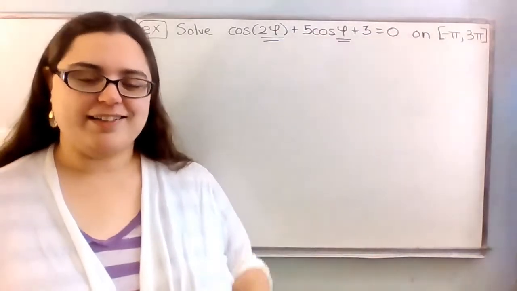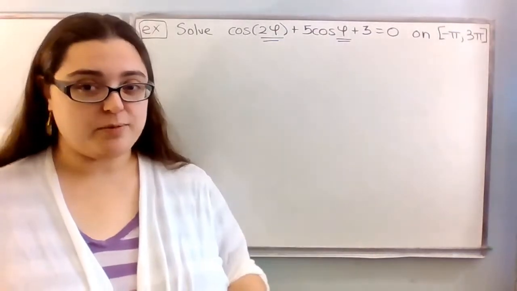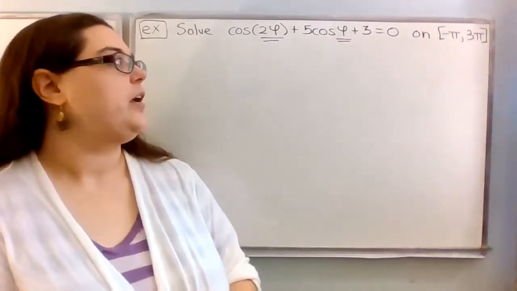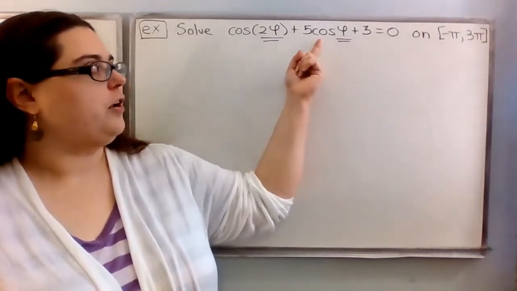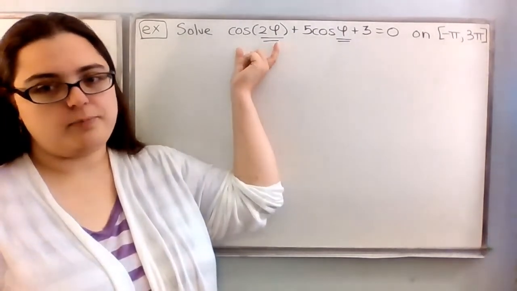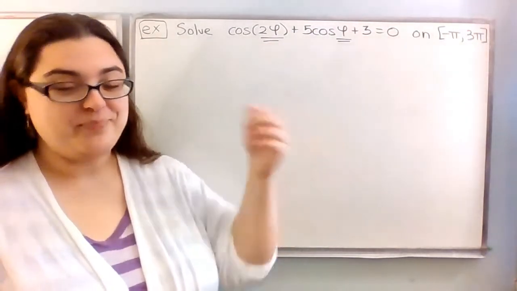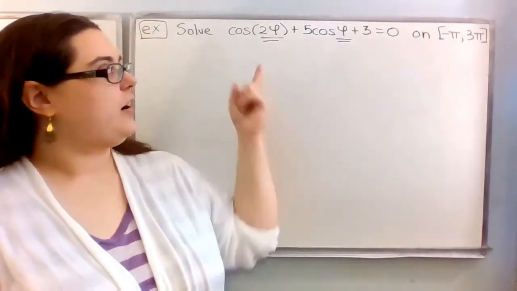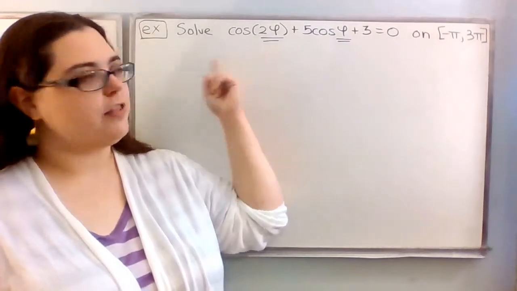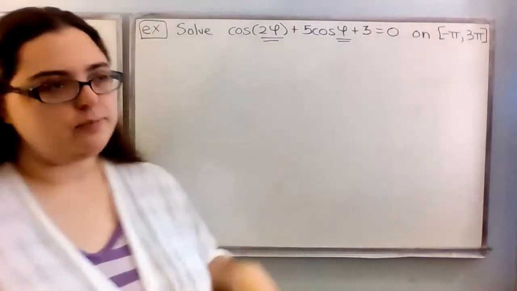So what we're going to need to do is still apply a trig property to write this in terms of just cosine of phi. We're going to keep this cosine phi alone, and we want to rewrite this one so that it's just in terms of cosine, if at all possible. For our double angle formulas, when we had twice an angle in here, we actually had 3 double angle formulas for cosine.